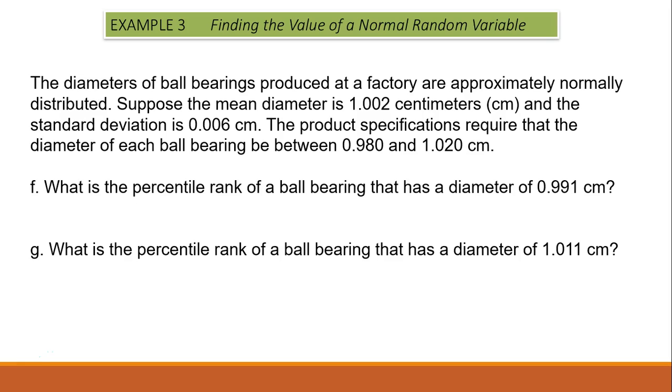These last two questions, or these parts F and G, ask us what is the percentile rank of a ball bearing that has diameter 0.991 centimeters. So what we do here is, again, find our z-score according to the x value given to us, which is 0.991.